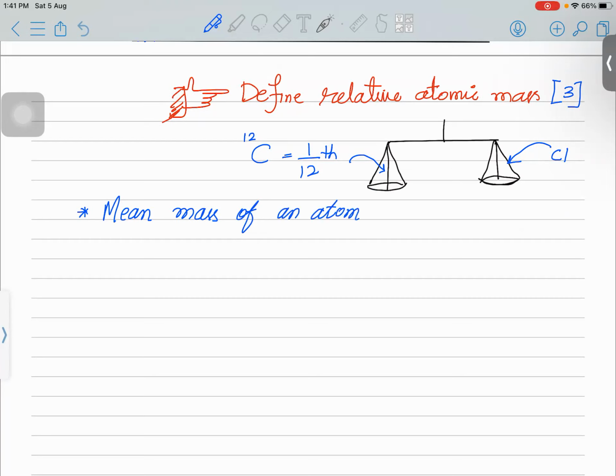This atom may be of chlorine, bromine, or any. Mean mass of an atom relative to 1/12 mass of carbon 12.